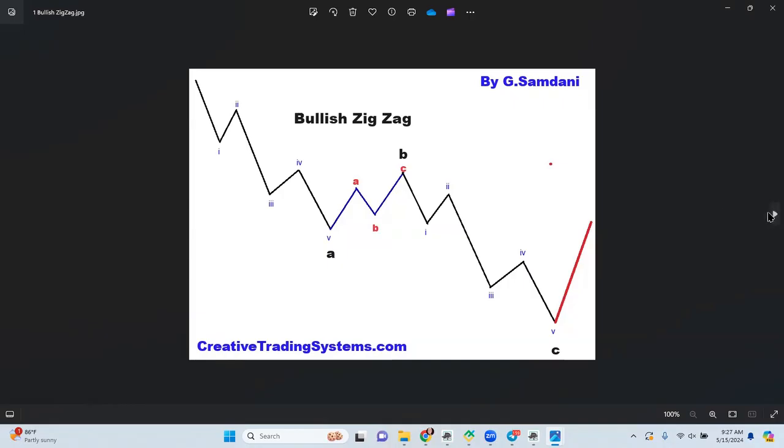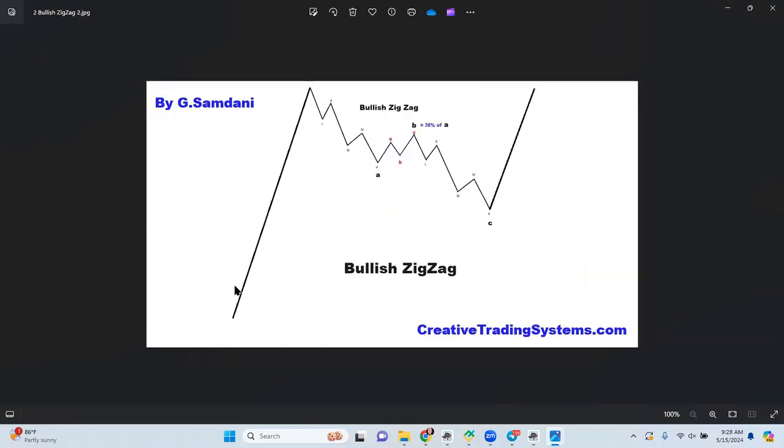And this is a bullish one. Let me show you this. See, like this one, a big move to the upside, and then it drops. So A, B, C, the whole thing retraces this upside move by around 50% to 61% as wave two, and then goes for wave three to the upside. So 3-3-5 or 5-3-5.